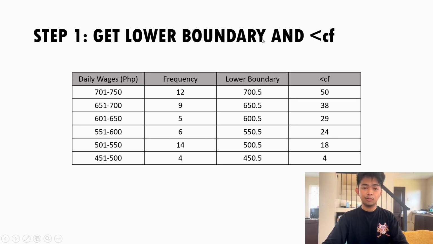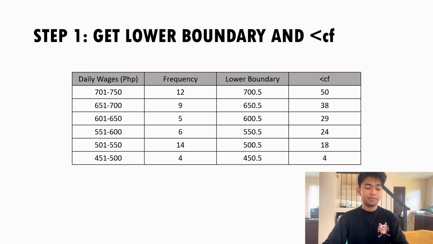Now, in getting the lower boundary, you just need to take a look at the given data of the daily wages or the class interval. Here, you can see the given lower limit and upper limit. To get the lower boundary, you just need to subtract 0.5 from the lower limit.